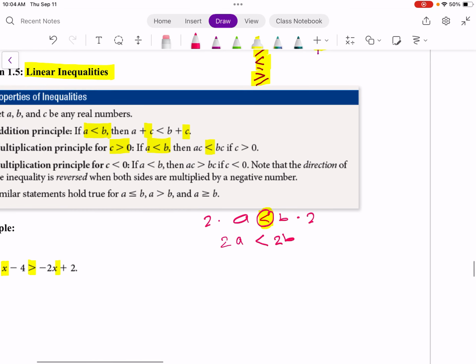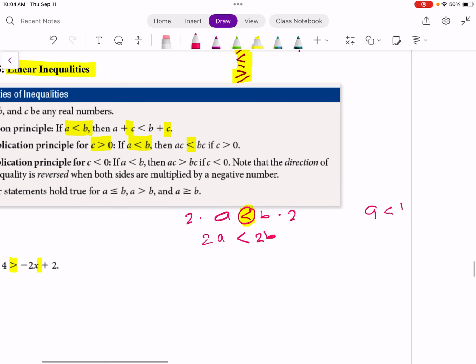But instead of a positive number, if you choose a negative number, so we have a less than b, and you multiply both sides by negative 1, then negative 1 times a is negative a, and you flip the inequality: less than becomes greater than negative b. It is the same for division. If we multiply or divide an inequality by a positive number, the sign remains the same.